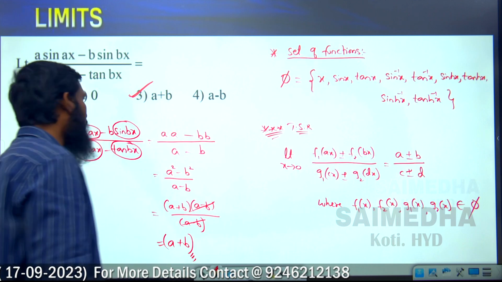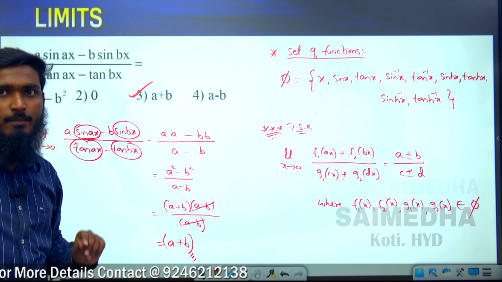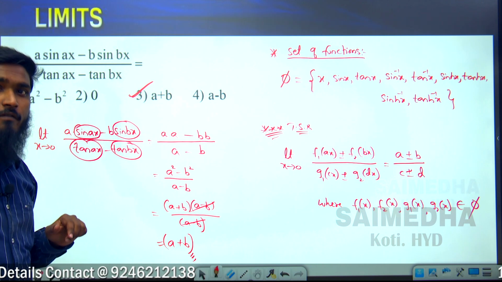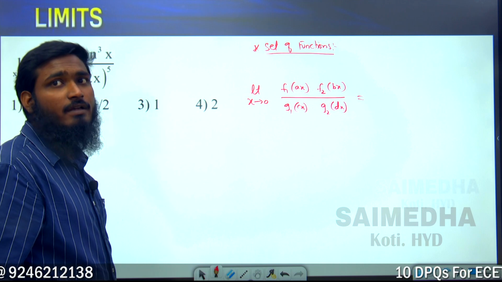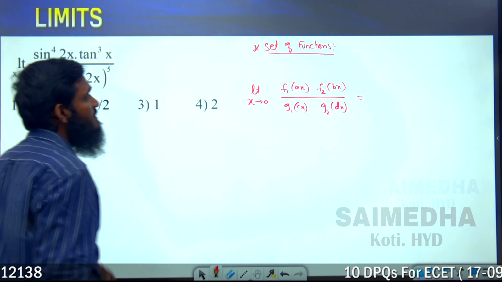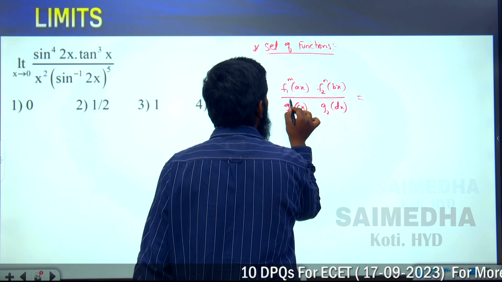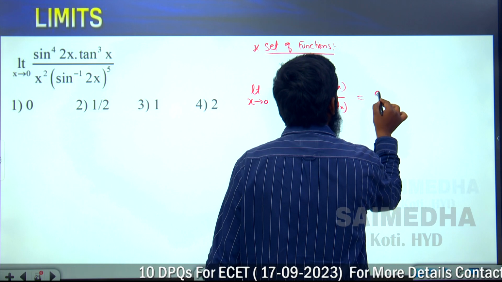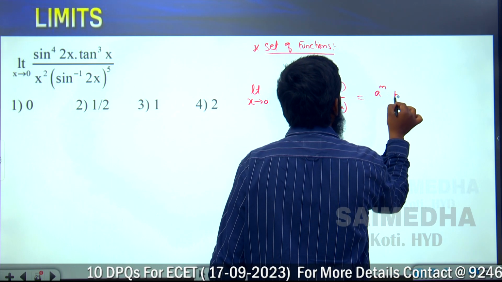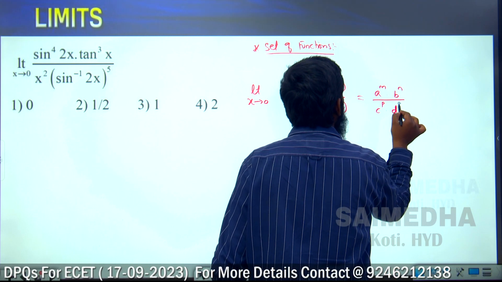One more thing to notice: in the previous case all parts were linear, with no powers, but in this case we have powers. Let us take the powers as m, n, p and q respectively. Then the answer is a power m into b power n, divided by c power p into d power q.